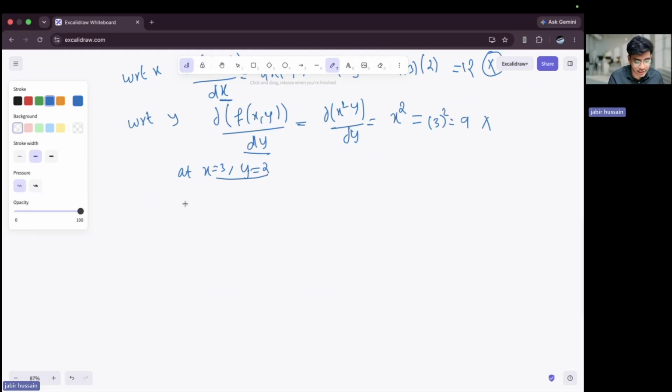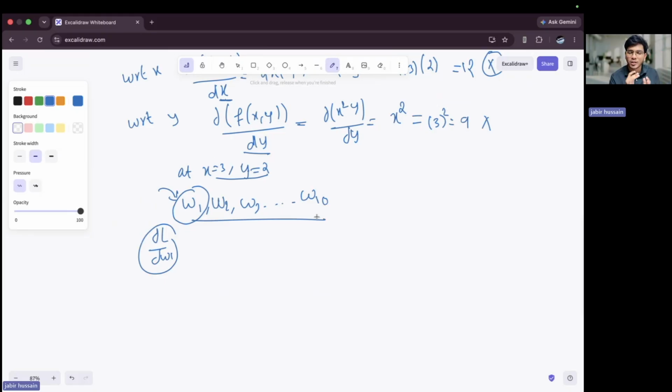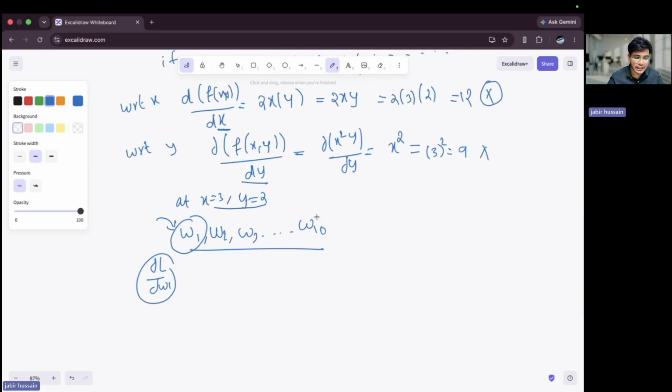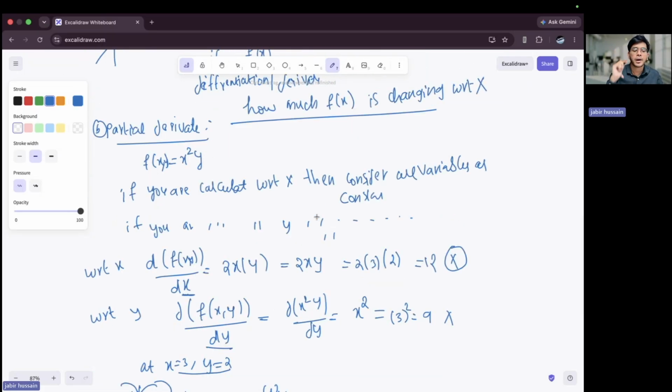Let's say I have multiple weights, W1, W2, W3, like this, 10 different weights. If I change weight one only, how much is the loss getting minimized? So if you want to calculate with respect to W1 only, you keep all other things constant. Here is where partial derivatives are used. So I hope you are clear with derivative and partial derivative.